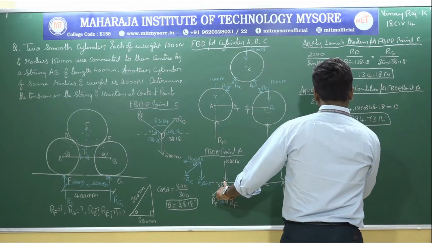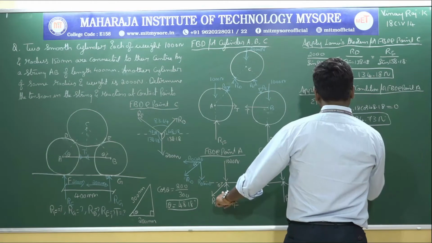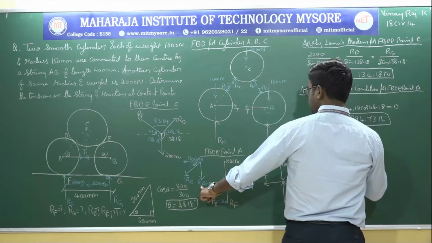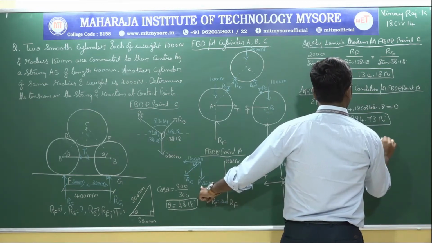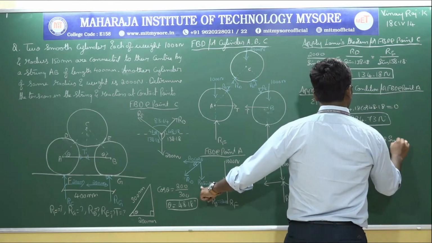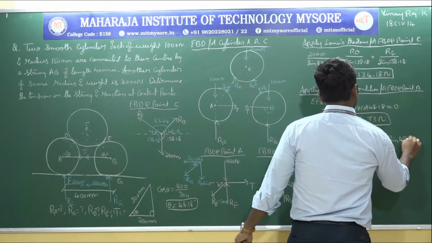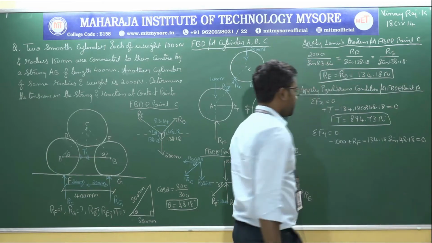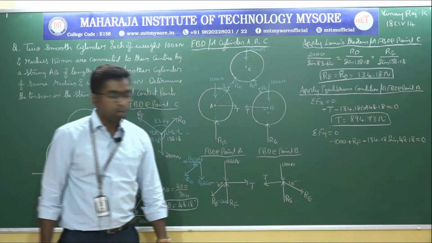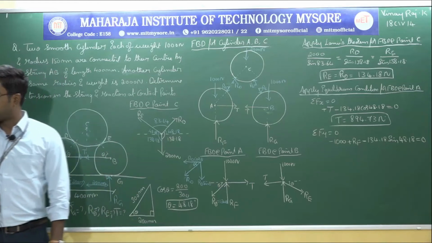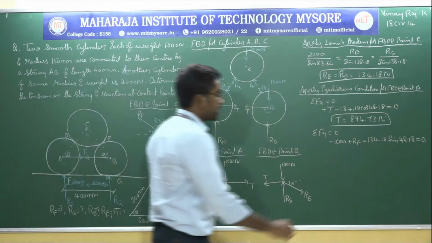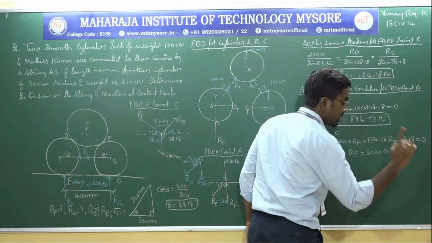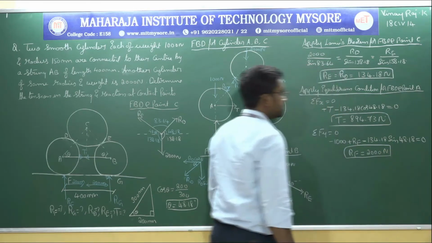So this is minus 1000, this is plus Rf, and this is minus Rd, that is minus 134.18 into sine of 48.18, is equal to 0. Understood? If I simplify this equation, easily I can get the value of Rf, and the Rf value will be equal to 2000 Newton.